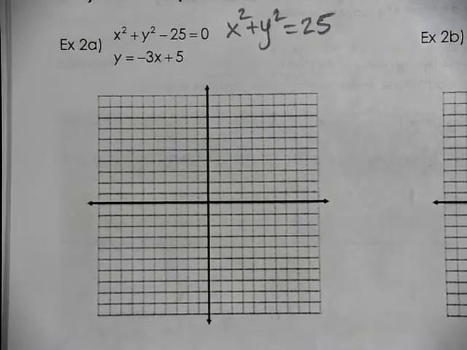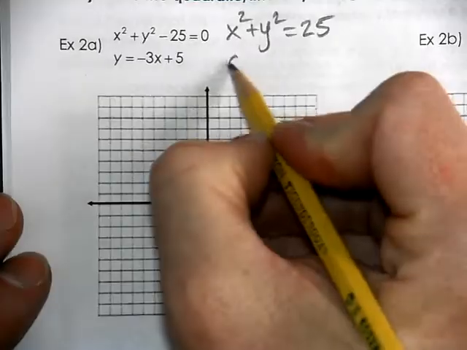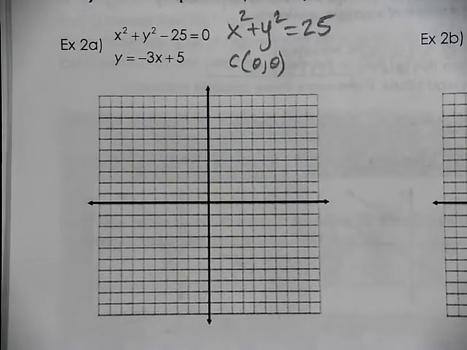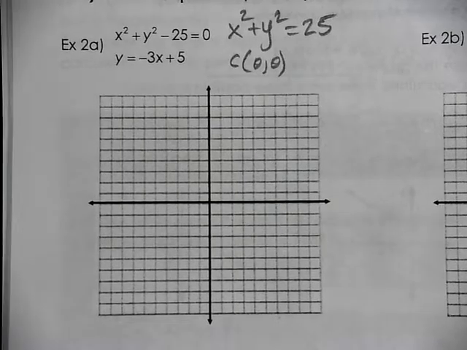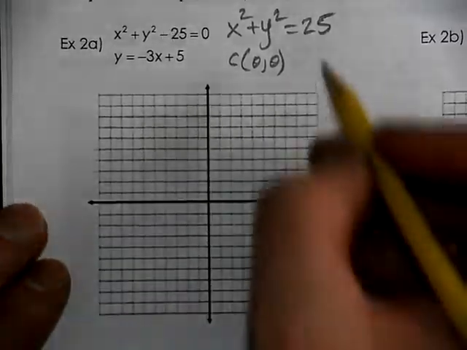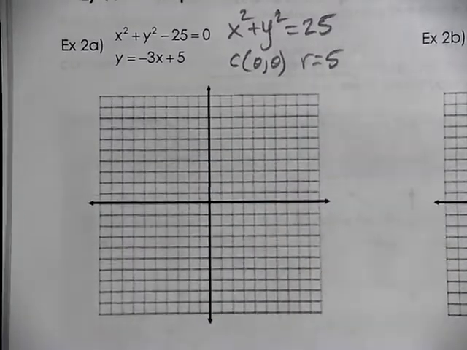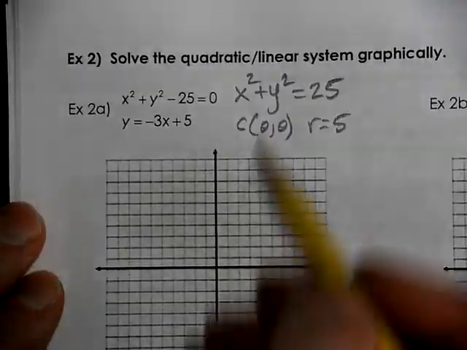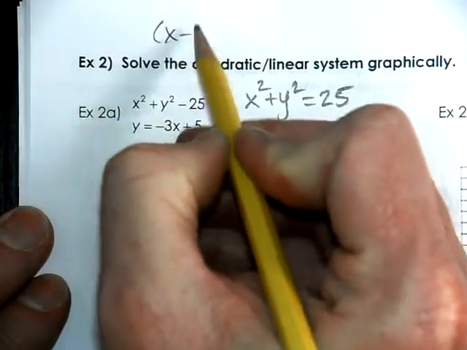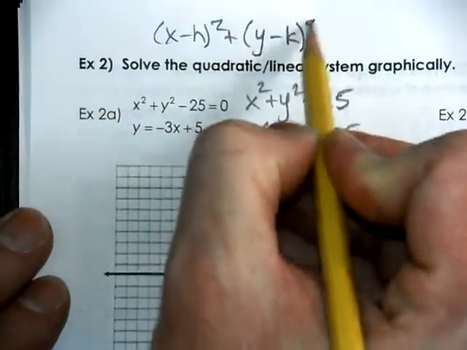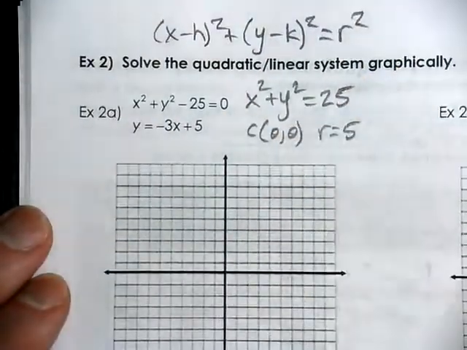So if that's our equation, what is our center of the circle? And what is the radius of the circle? Oh, the radius is 5. We know the equation of a circle formula is x minus h squared plus y minus k squared equals r squared.